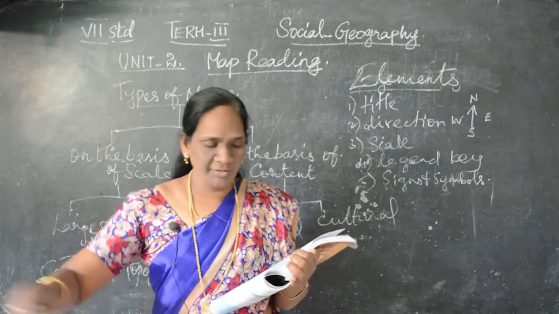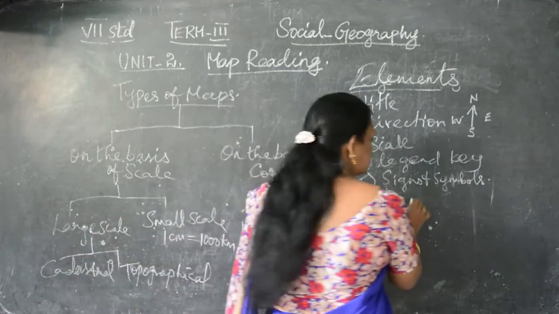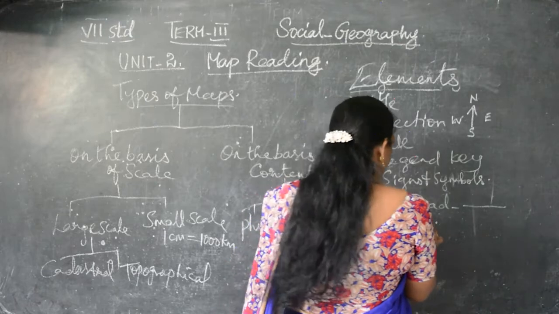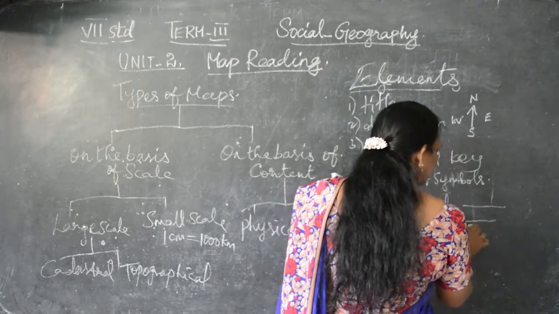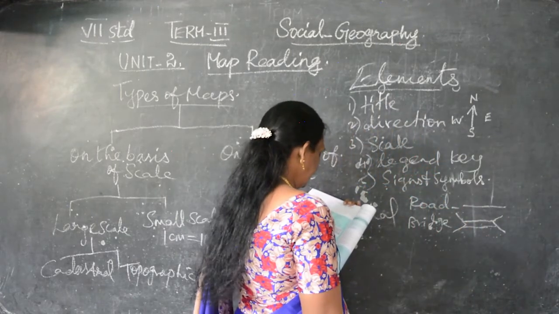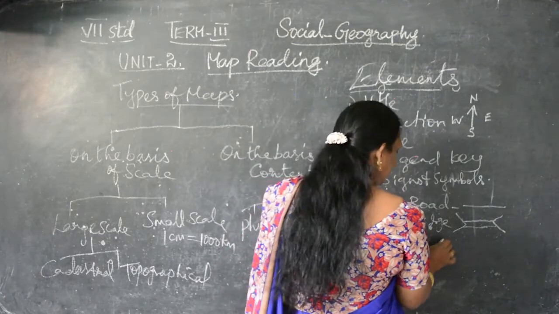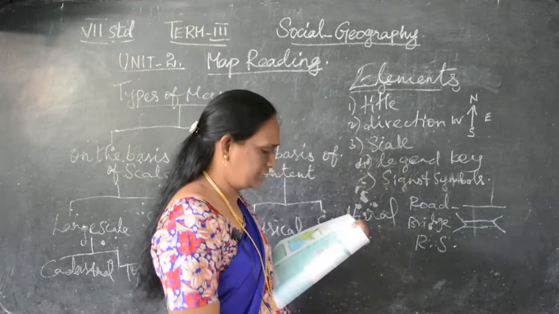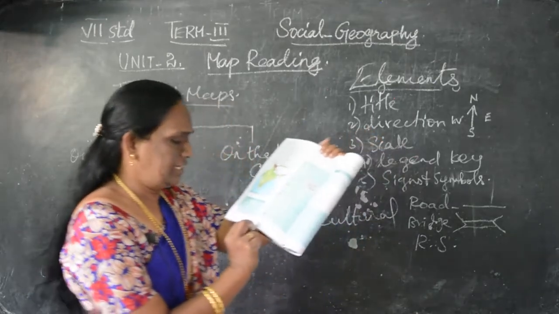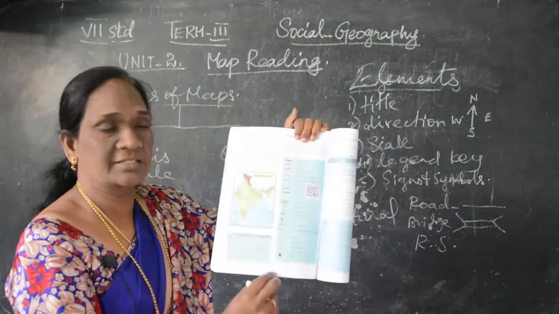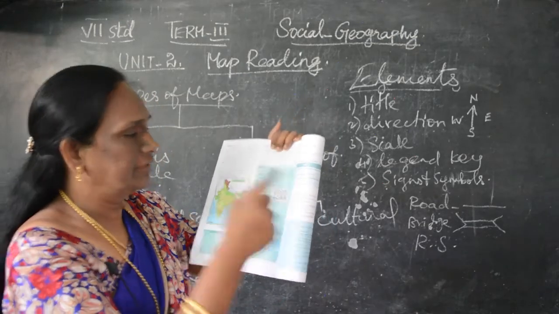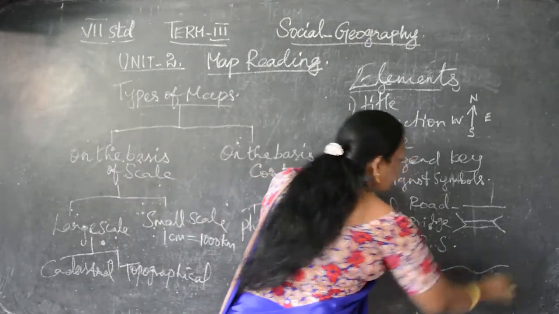If there is a road, a straight road, and we saw bridges. Take a road for example: on the map it will be straight like this. Take a bridge: if we draw a bridge, it will be drawn like this. Able to follow? For a railway station, if it shows RS, that is a railway station. Understand? For each and everything we have symbols. Here, on page numbers 166 and 168 if you get the term 3 book, you can see railway, bridge, and rivers drawn as a curve, that is rivers.